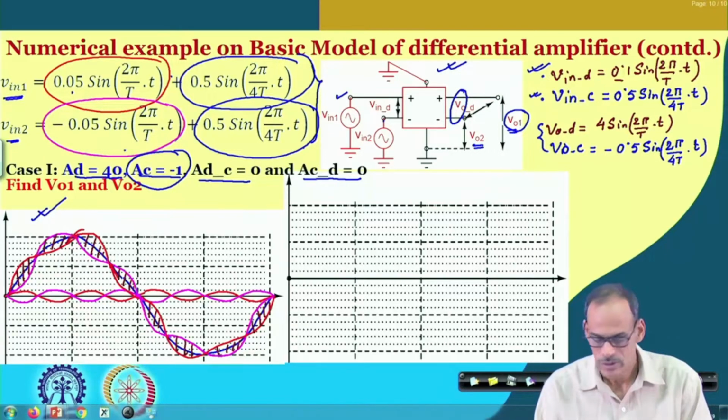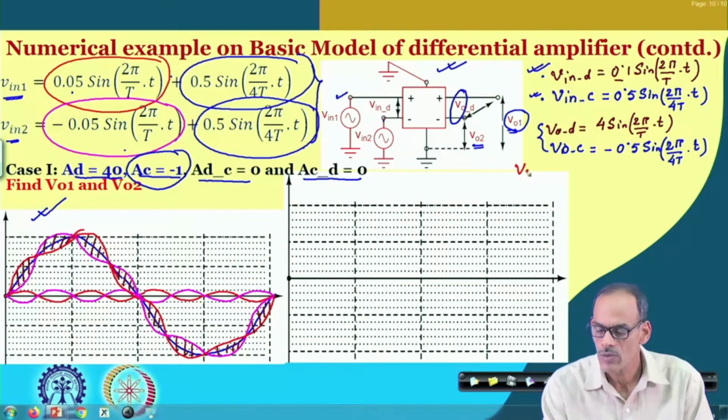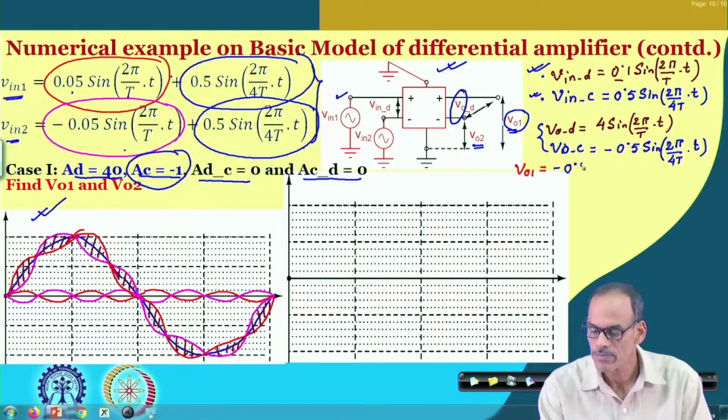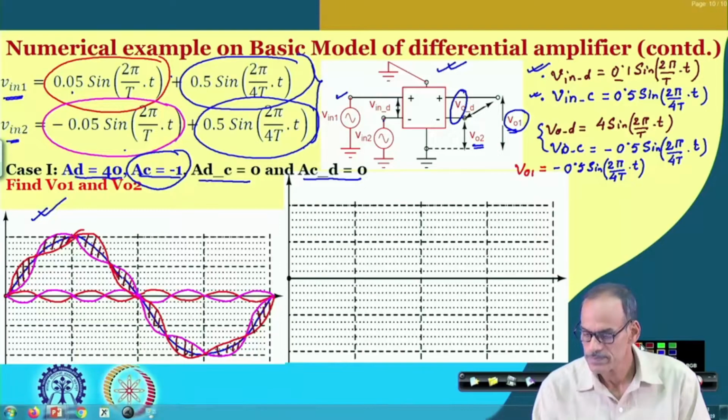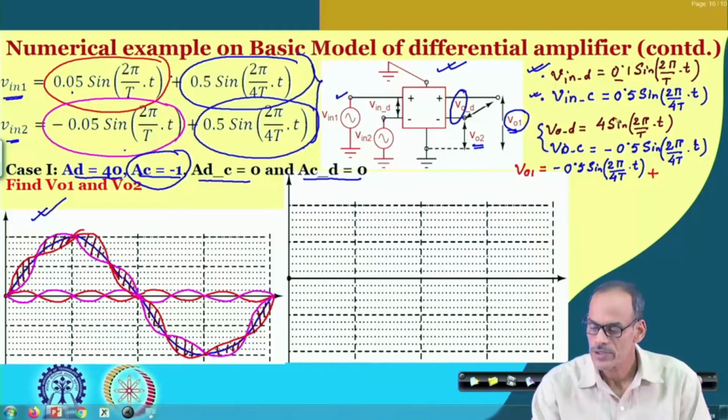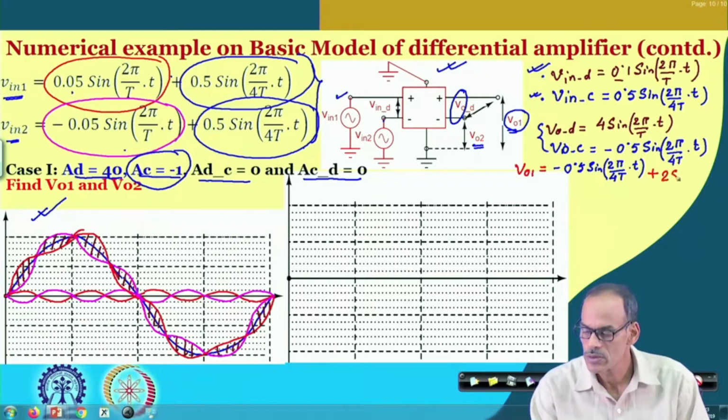Let me write VO1 first. VO1 has the common mode part, namely minus 0.5 sin 2 pi by 4 T into t, plus half of the differential signal, namely 2 sin 2 pi by capital T into small t.